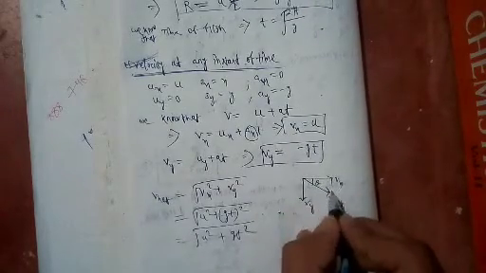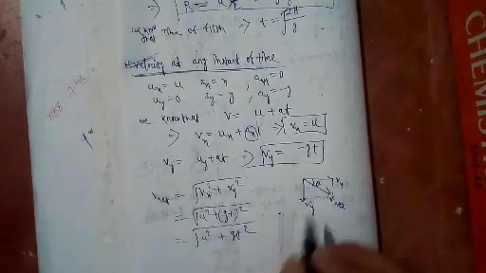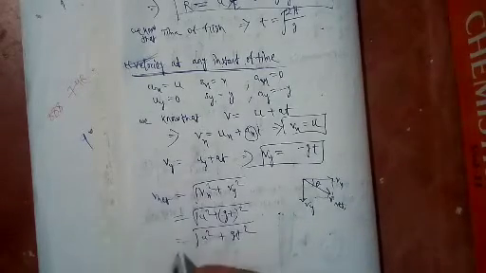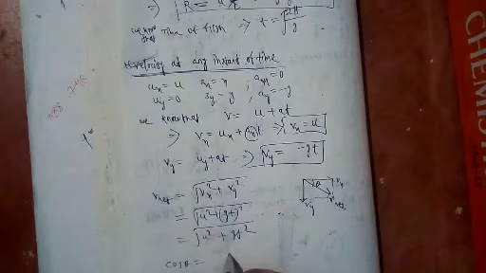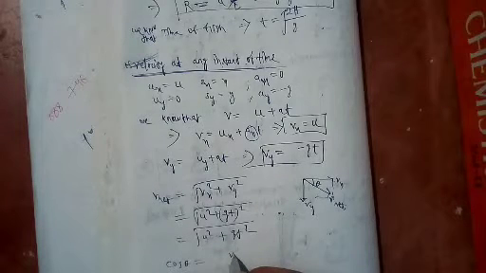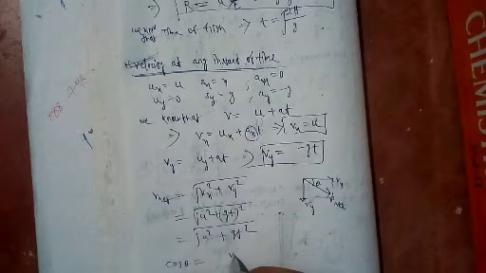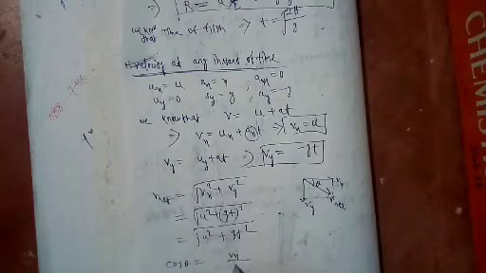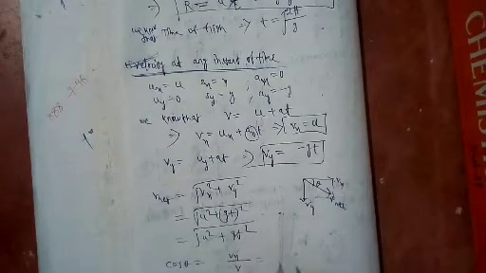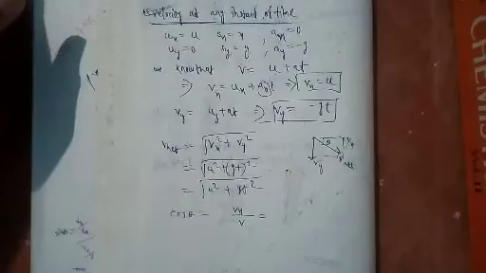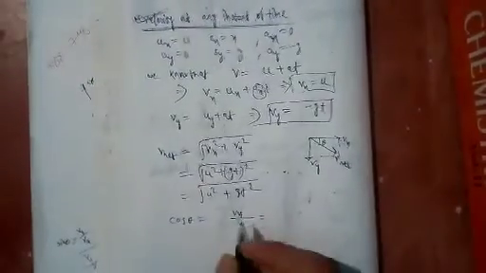Then this is the theta. We know that cos theta is equal to vx by v net.